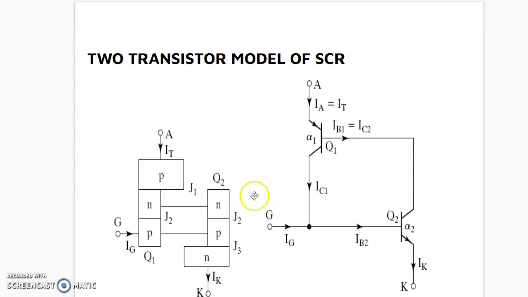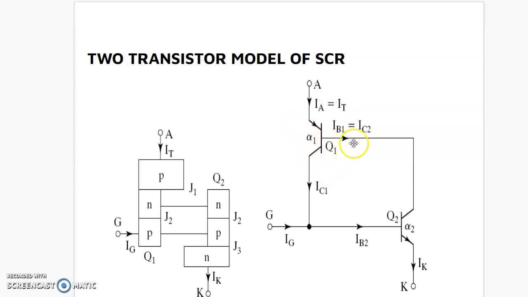So this is the circuit diagram in which you can see this is the emitter, this is the collector, and this is the base of this transistor. Similarly, this is the base, this is the collector, and this is the emitter of this transistor. From the anode, emitter current flows into the SCR. It gets multiplied by alpha, the conduction factor.